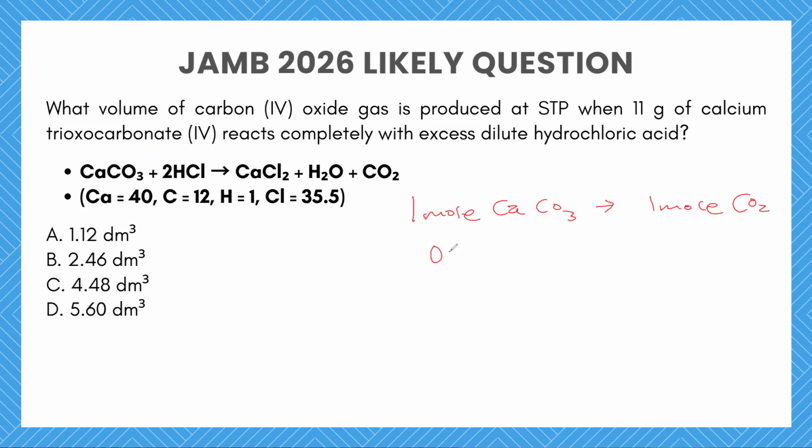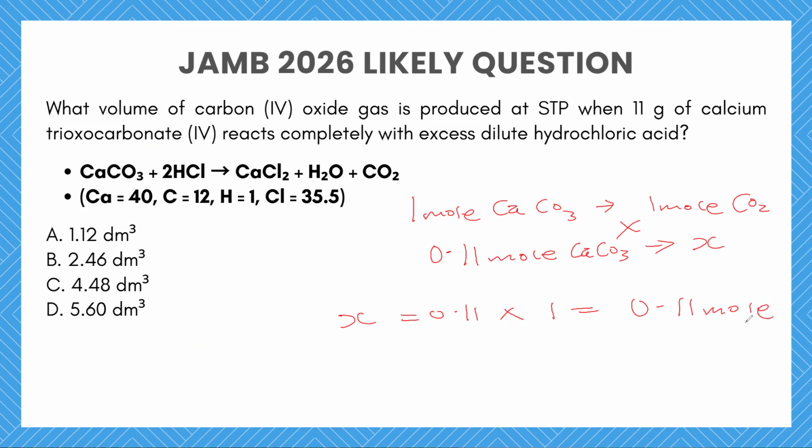So 0.11 mole of calcium carbonate will produce X moles of carbon dioxide. When we cross multiply, X becomes 0.11 times 1, which gives us 0.11 mole.